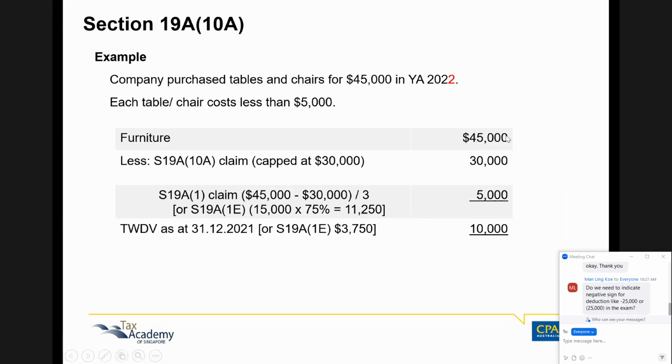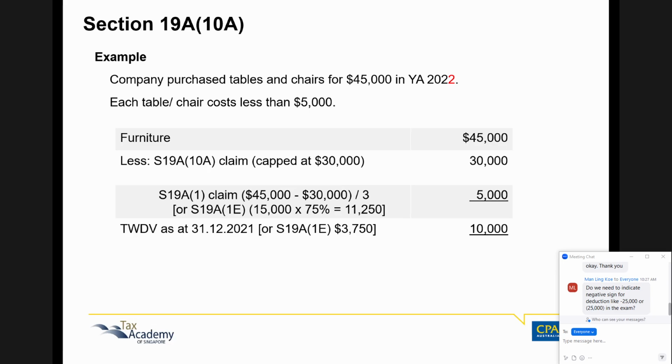Basically, this is just to show your furniture, assuming each is, let's say, 5,000, so I have like 6 of them or whatever, then just nicely 30,000. So the remaining, 45,000 less 30,000, I have 15,000 left, right? The remaining 15,000, I can claim divide by 3.